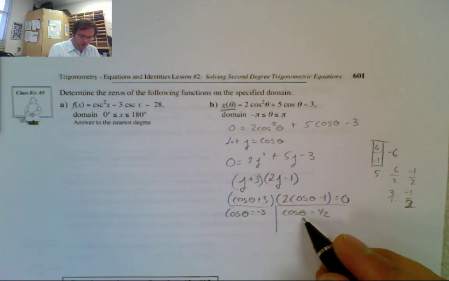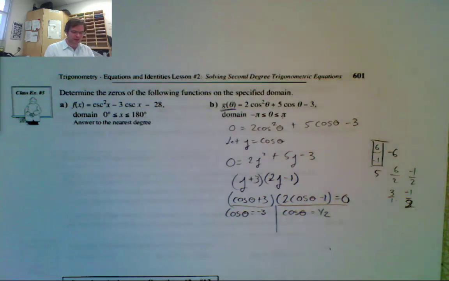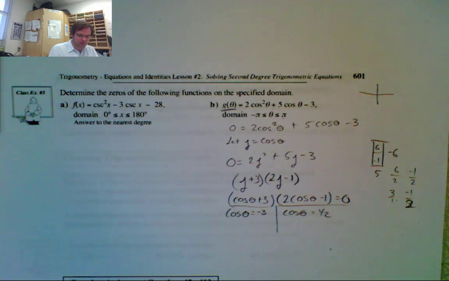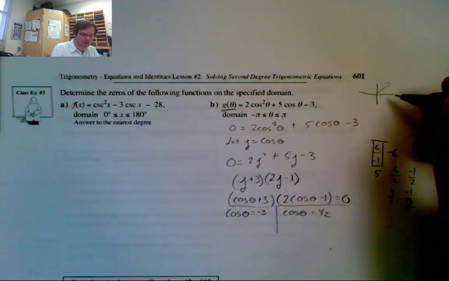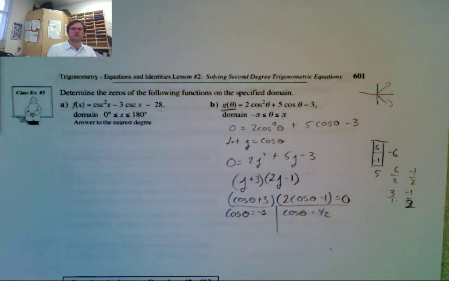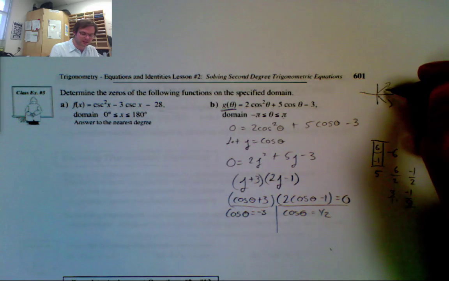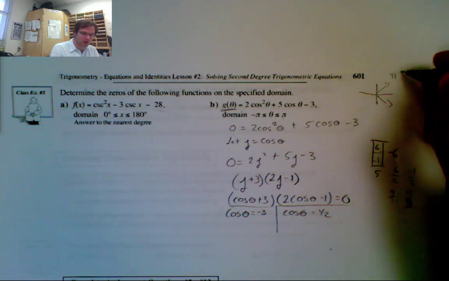Okay, so now I have cos theta is equal to 1/2 and cos theta is equal to negative 3. So if I'm looking at 1/2, we know cos is positive, so it's there or there. And 1/2 is when cos is short and y is long. So that's going to be the bigger of 30, 45, and 60, which is 60 degrees, the same as pi over 3.